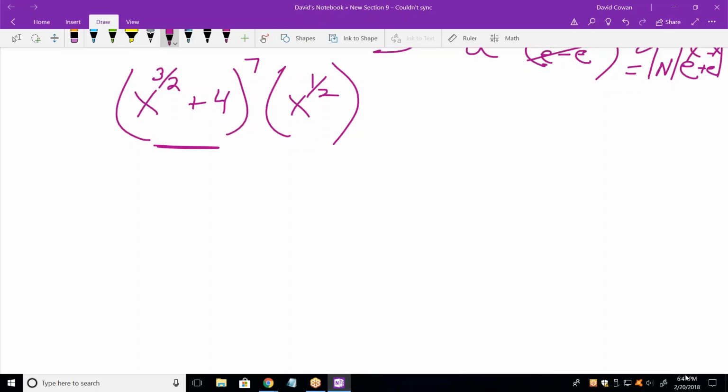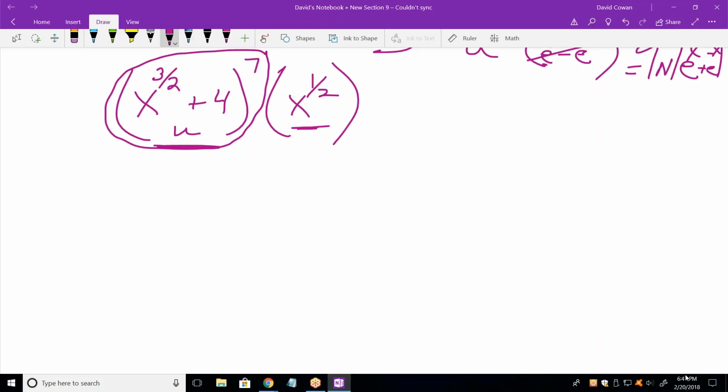What's the derivative of that? x to the 1/2. Exactly. So I have a composite function here, and the derivative of the inside of that composite function is right there in my numerator. If I let u be this, then I'm going to end up differentiating that, and it'll get rid of that x to the 1/2.